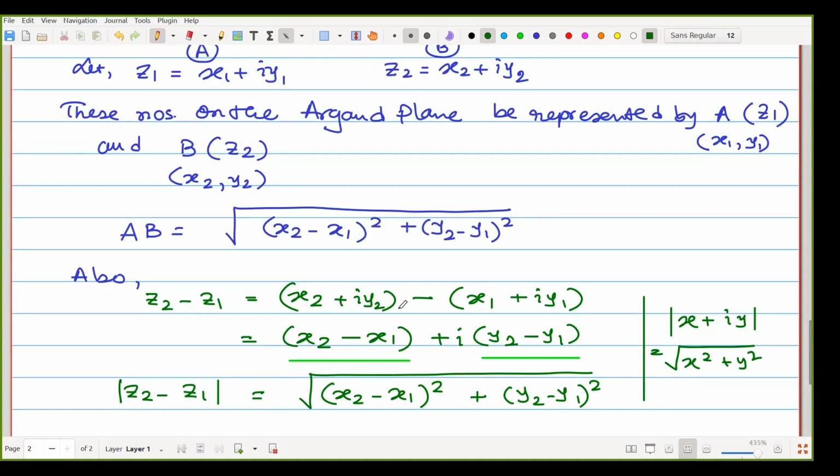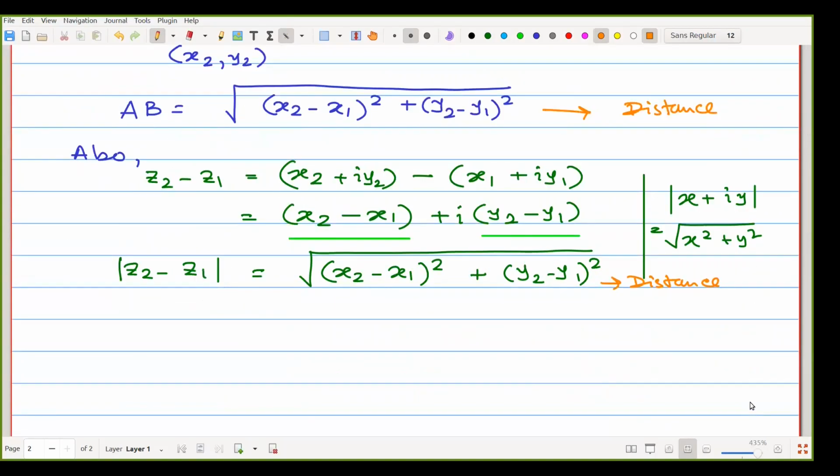That one is our x, that one is our y. Now look at the two values. That is our distance in Cartesian coordinates, and that is the same value as the modulus of z2 minus z1. So that is the distance AB.